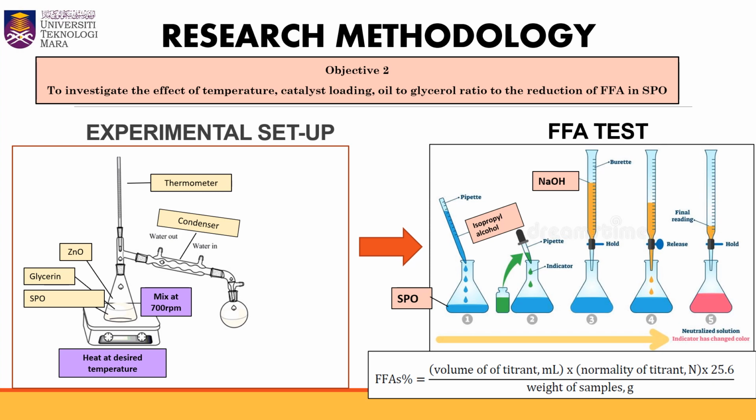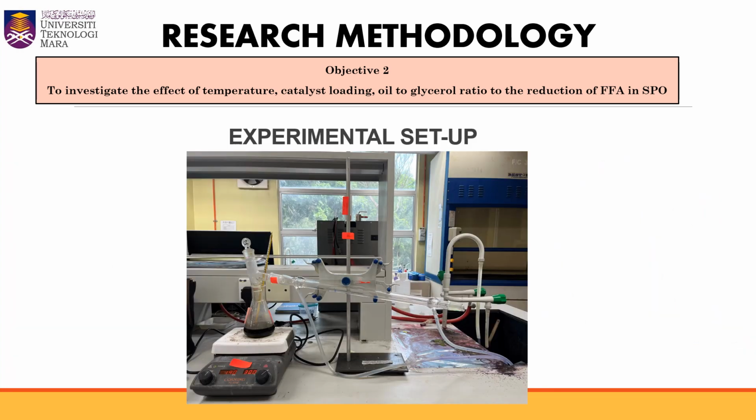Each hour, we will test the FFA to see how much it has been reduced hourly. So these are the heat plate and the condenser. This is where the glycolysis happens, inside this flask.